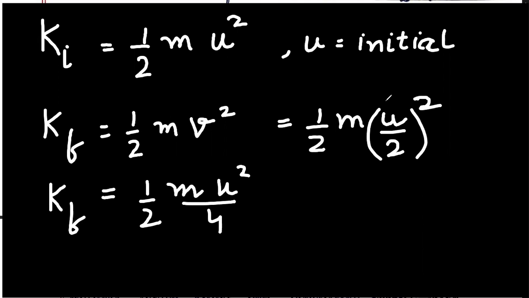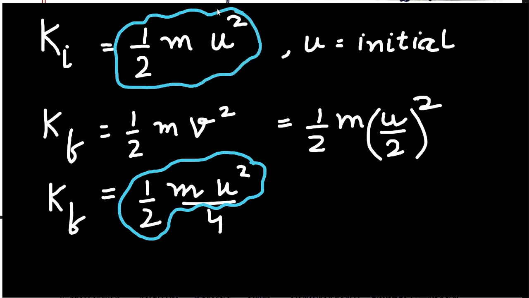Such a question is also there in the examples. So students, see this half m u square. Can you see it written somewhere on the screen? See, at the topmost point. I have referred to half m u square as the initial kinetic energy. So here in my question, I can write that the final kinetic energy is the initial kinetic energy divided by 4.